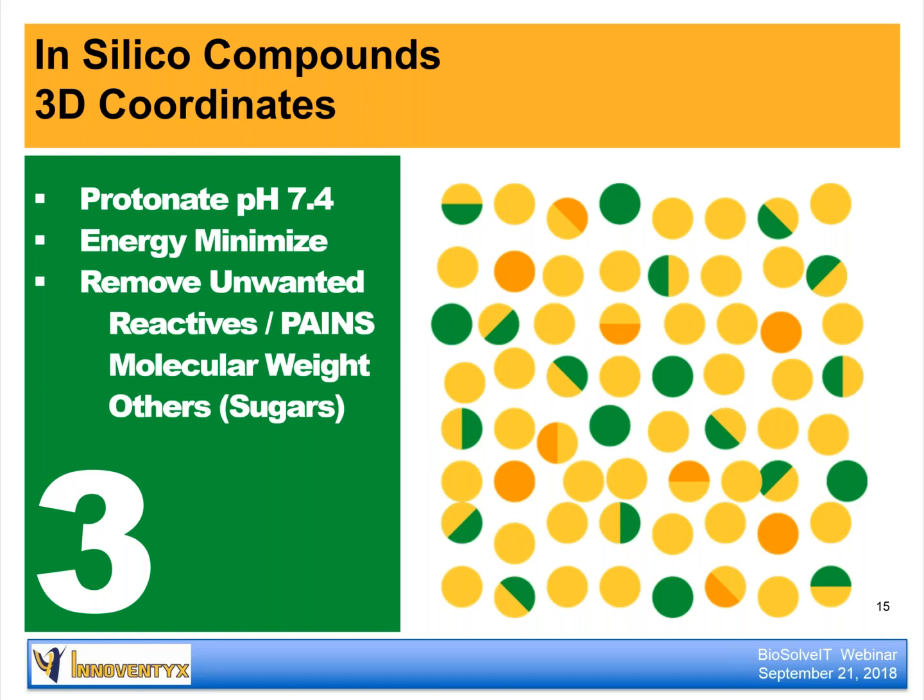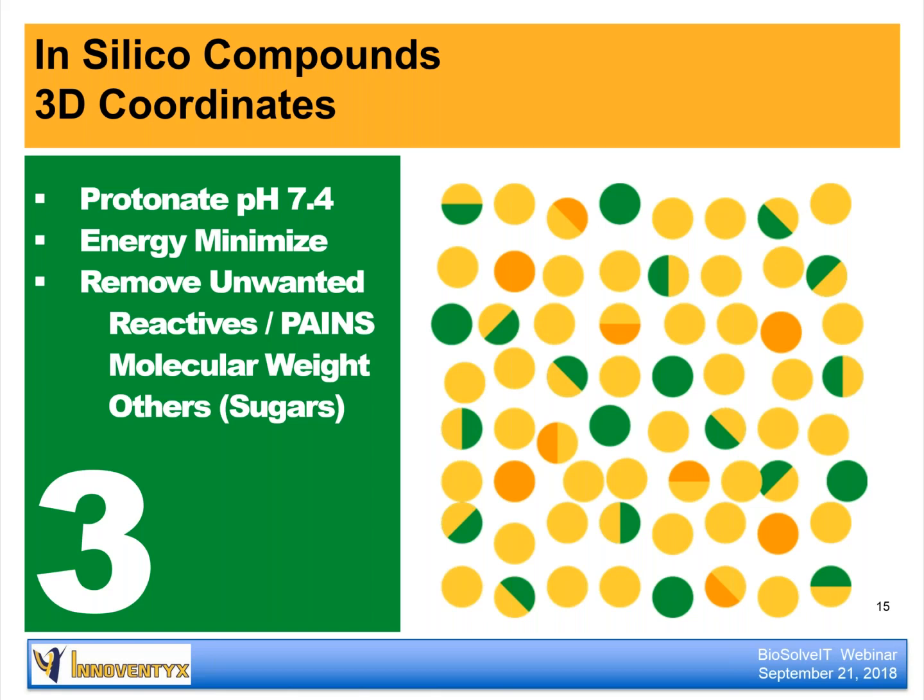And then let's remove the ones that we simply think that we don't want. That might be based on the nature of the compound. If it has reactive moieties, like Michael acceptors, epoxides, or other types of functional groups that you don't want to have in them. You can apply PAINS filters, because some particular types of chemicals are known to interfere with the biological assay, so you want to remove those if possible.